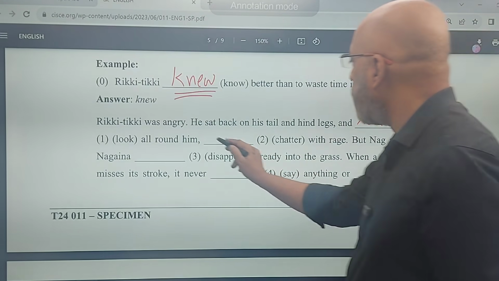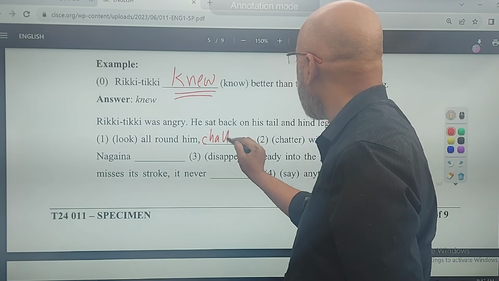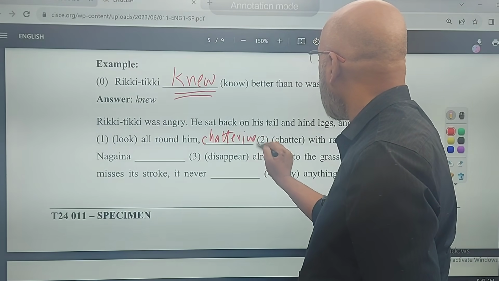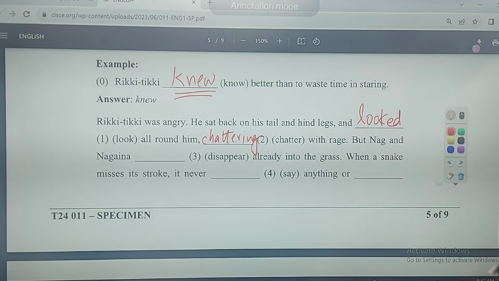Right? Chattering with rage, meaning his teeth were making a sound with anger, right? It's a non-finite form.